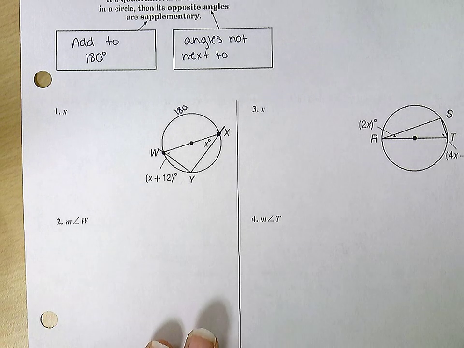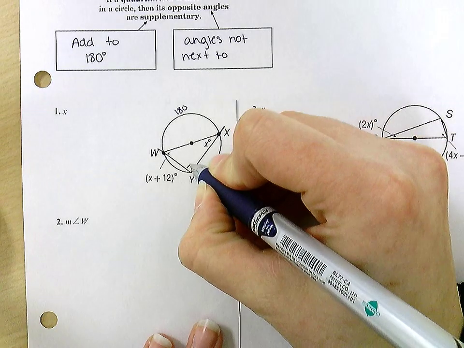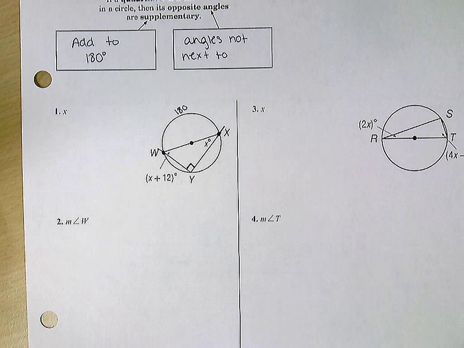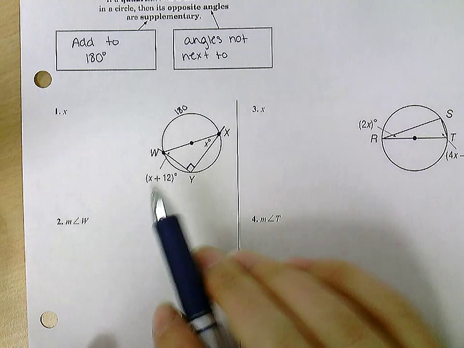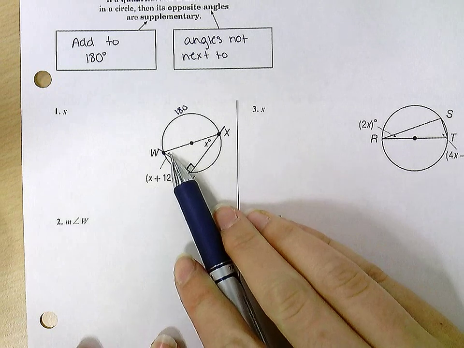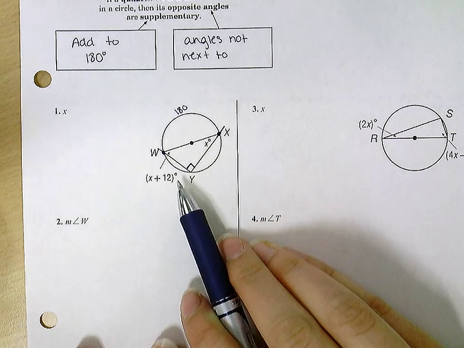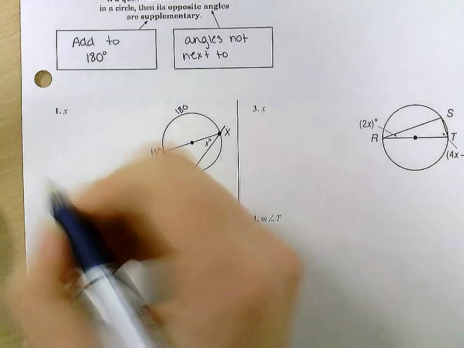We just worked with an inscribed angle up at the top. It is 90. Okay, so to get that angle, I take that intercepted arc of 180, divide it by 2. That angle is 90. So now, to solve for x, I'm just going to add all 3 of my angles together and set them equal to what? 180.